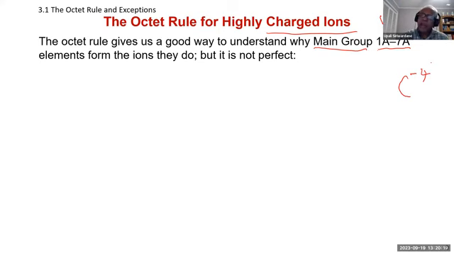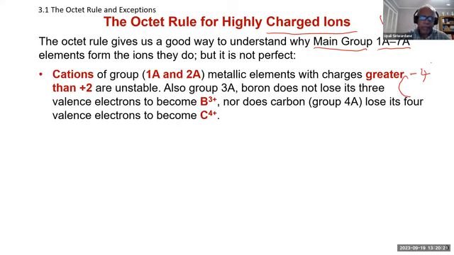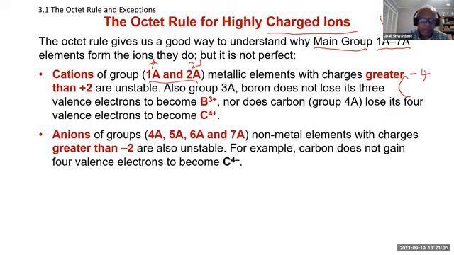Group 1A and 2A are okay. Group 1A forms 1+. Highly charged ions tend to make unstable cations, so it doesn't happen.